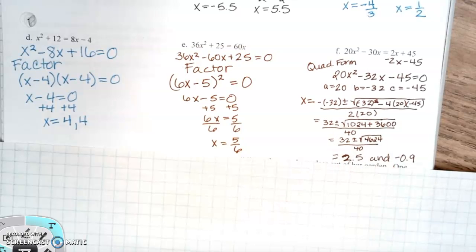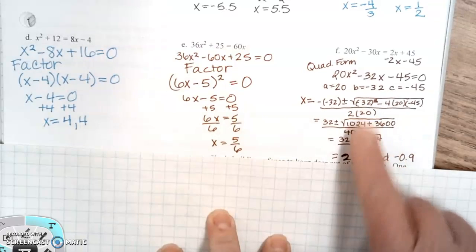So the first step, you just want to plug everything in. Don't try and simplify quite yet. Wait till this next step to simplify. Okay? So you're going to take the opposite of negative 32, which is positive 32. Rewrite your plus minus, and then use your calculator, right? Unless you can multiply 32 times 32 in your head. I don't know. Maybe you have some super multiplying trick, okay?